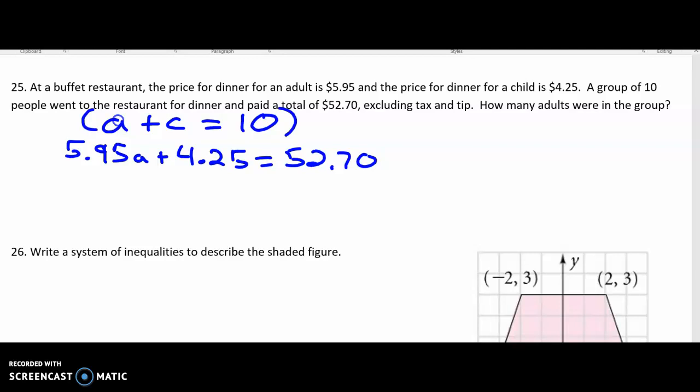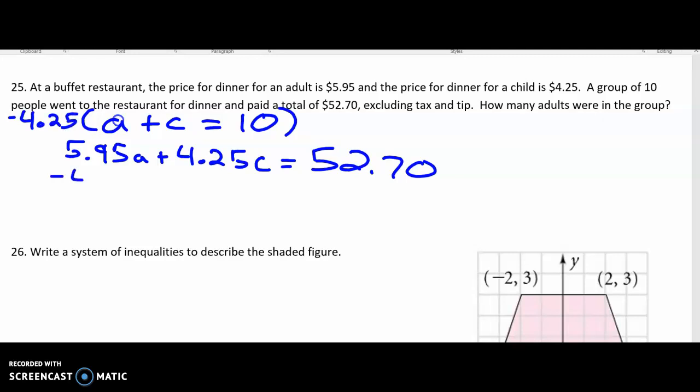Okay, so to eliminate children, I need to have the opposite of my children here. I'll just rewrite this so it's a little bit clearer instead of trying to squeeze things in. That's 52.70. So I'm going to multiply by the opposite of the children on the bottom there. I'm going to multiply my top by negative 4.25, just so that I can eliminate right away.